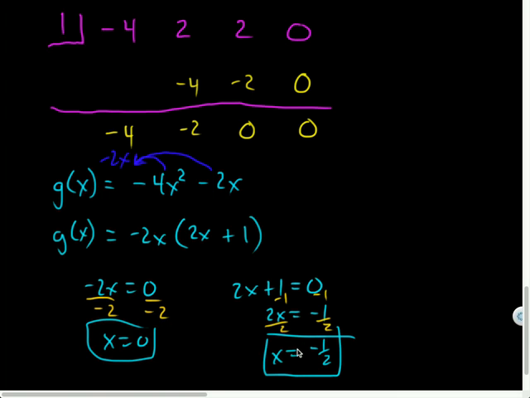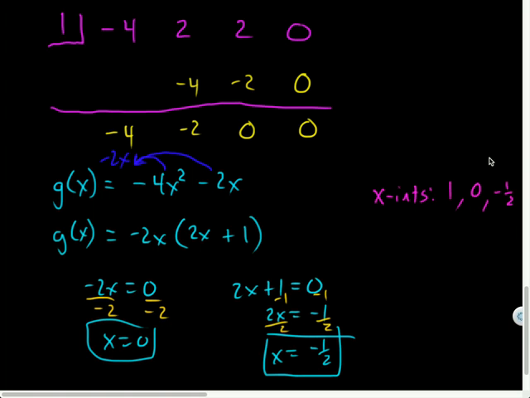So it turns out that my x-intercepts are the following. I have the original one I found, and then I've got these two.